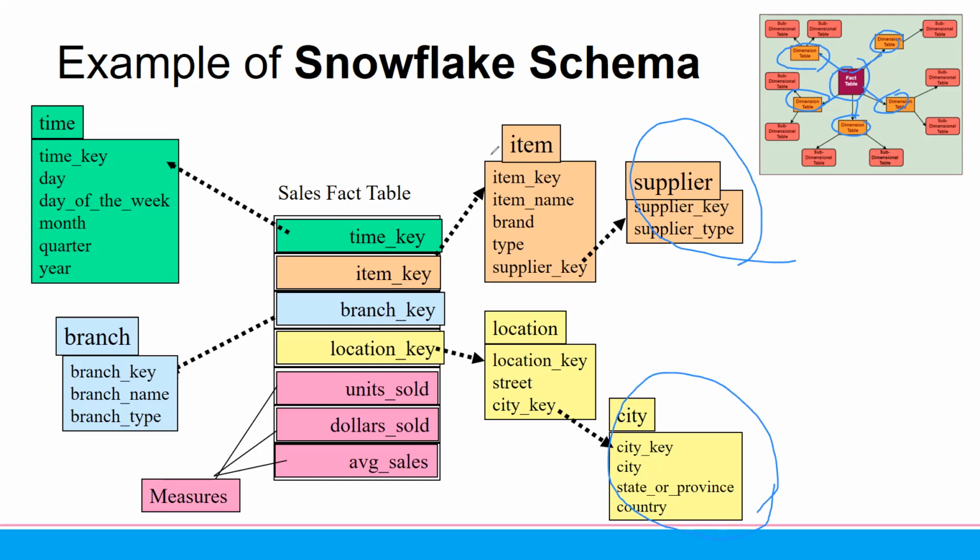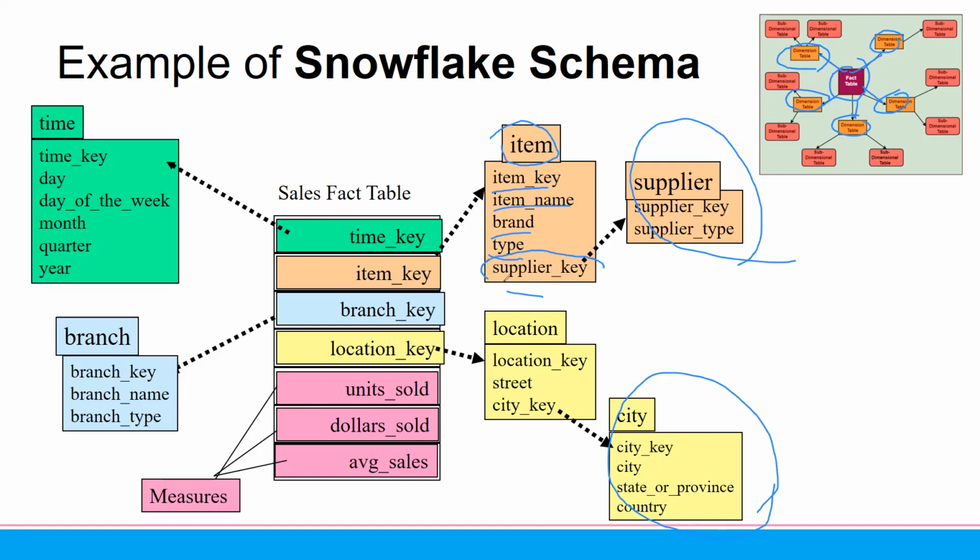If we have the item key, item name, brand, type, and the supplier key, it is related to one particular item.